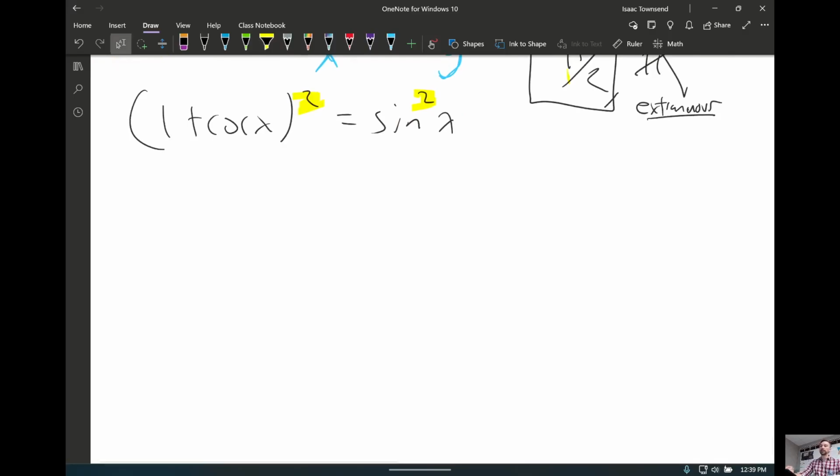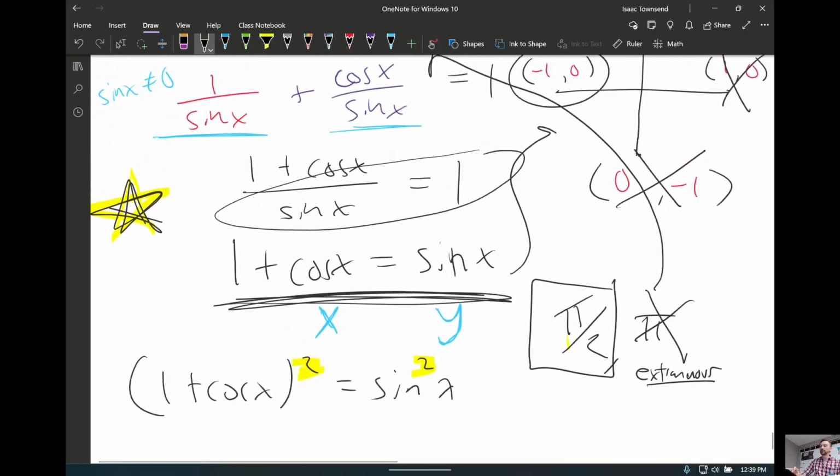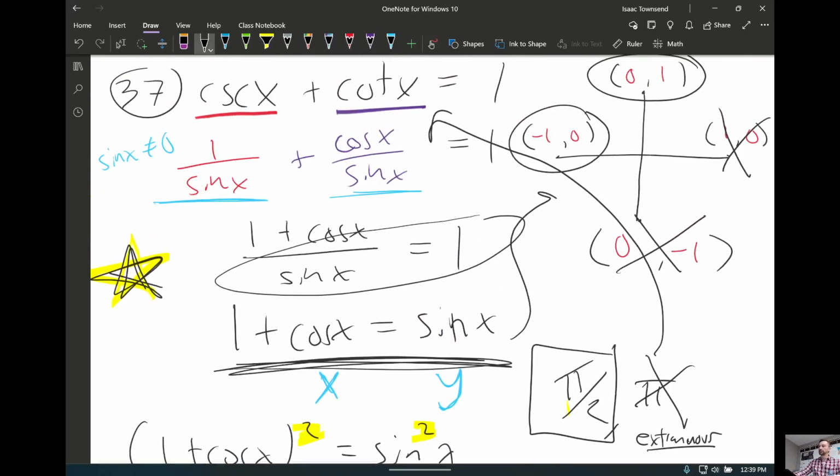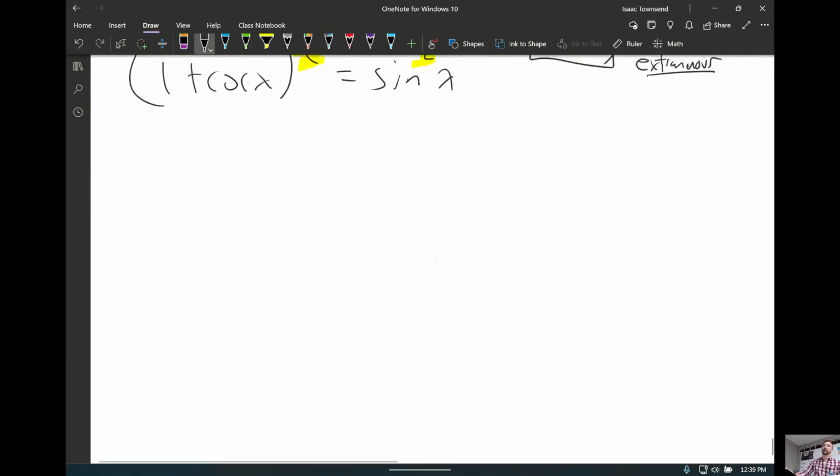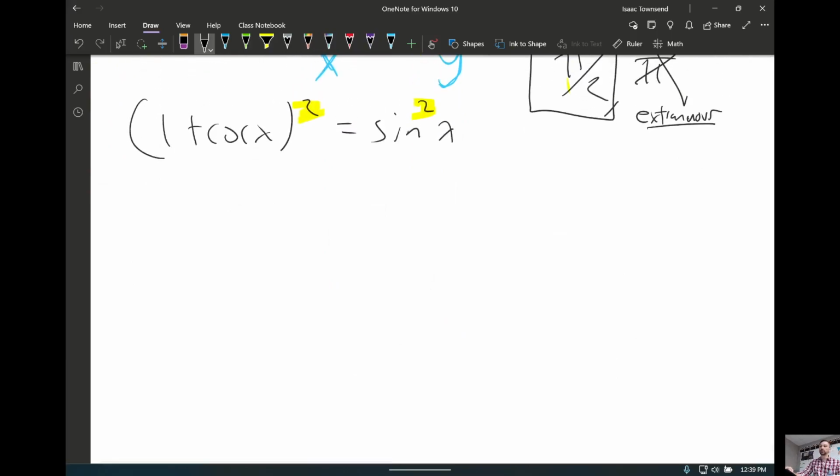And I didn't do this in the notes because I said to myself, since there's only 4 places that sine and cosine are 1 apart, it's just easier to check those 4. But yes, algebraically, you can square both sides, and that keeps it balanced. It's just that you would have to make sure that you actually FOIL this and not just square the parts.